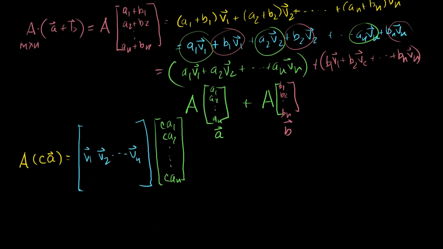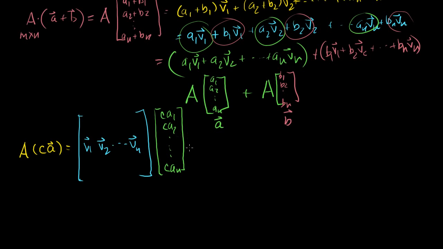It equals ca1 times this column vector v1, plus ca2 times v2, all the way to plus can times the vector vn.